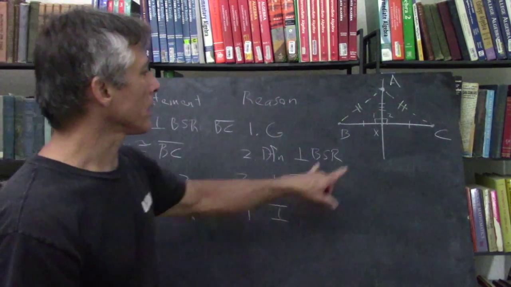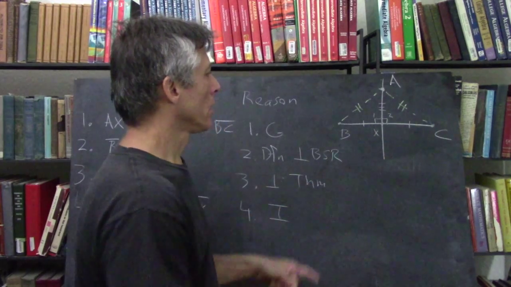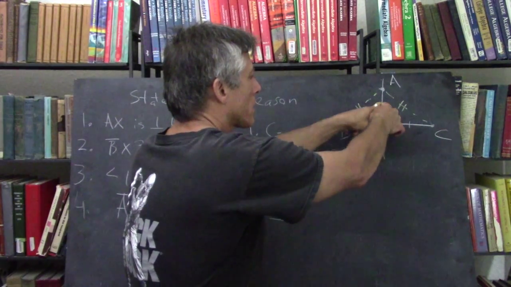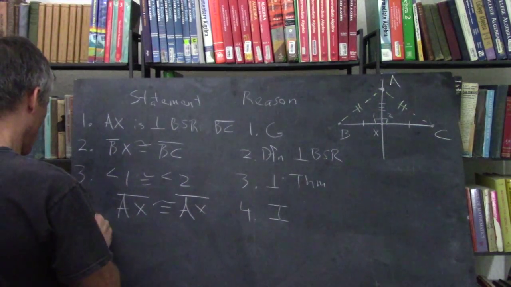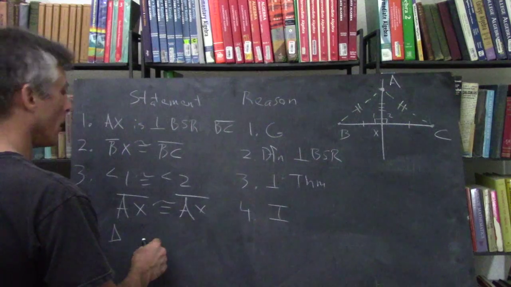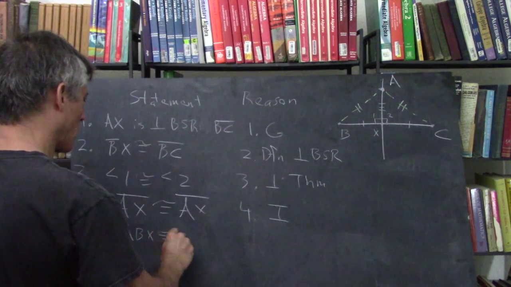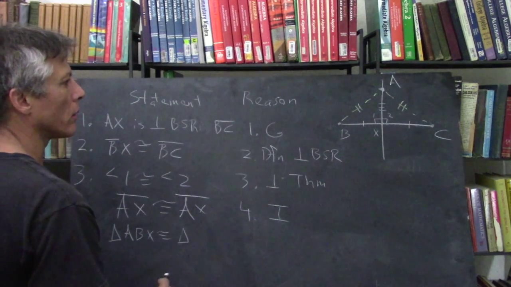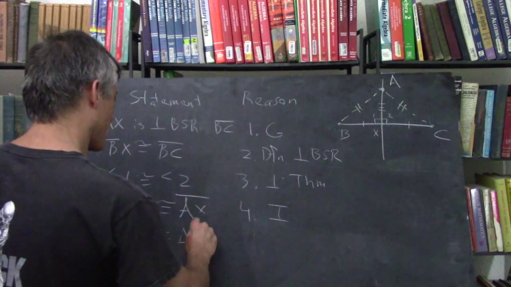And therefore, as we talked about, by side, angle, side, remember, the two triangles are congruent. So triangle ABX is congruent to triangle ACX.